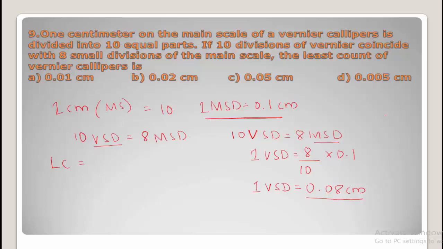Now the LC of vernier calipers is found by subtracting these two values. So value of 1 MSD minus value of 1 VSD. So the value of 1 MSD is 0.1 minus 1 VSD is 0.08. So subtract these values, you will get 0.02 centimeter. So option B is the right answer.